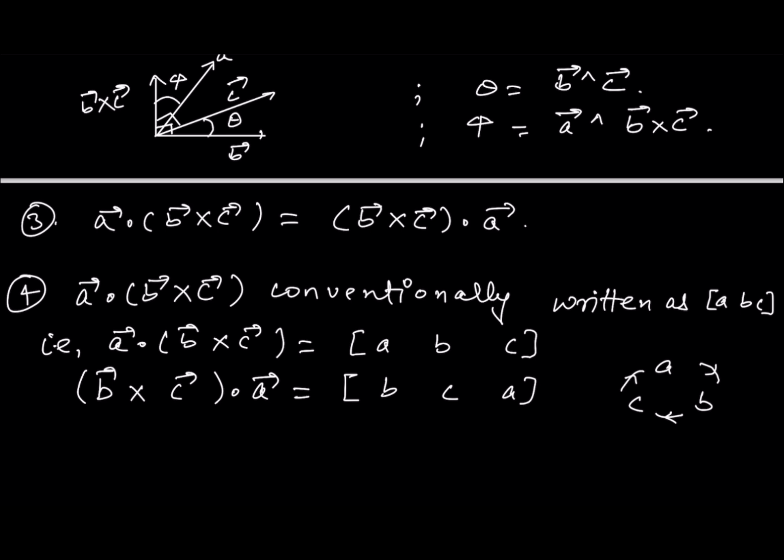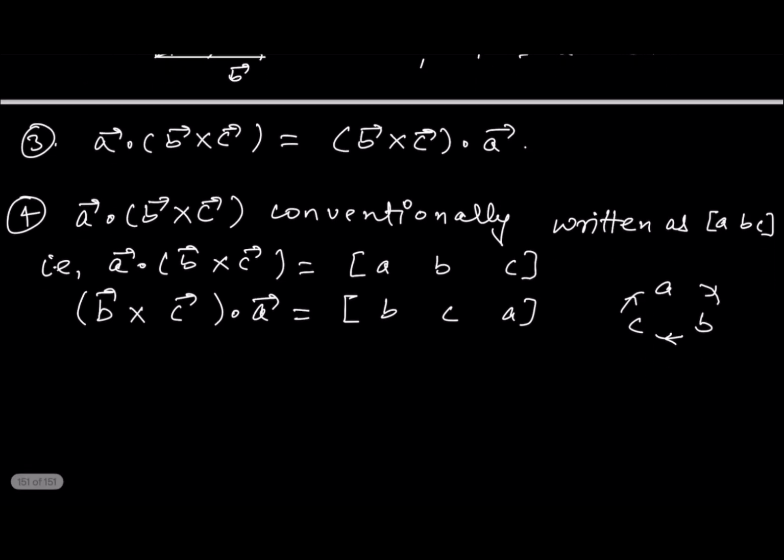Okay, means BCA, and in box it is BCA as well. So as A dot B cross C is equal to B cross C dot A, it implies box ABC is equal to box BCA.